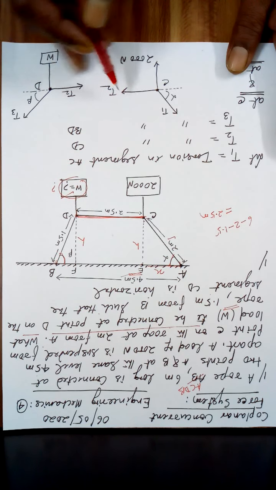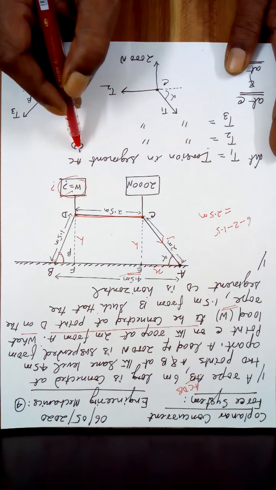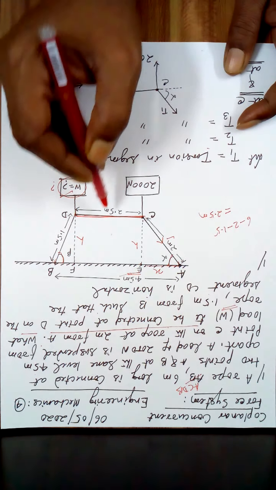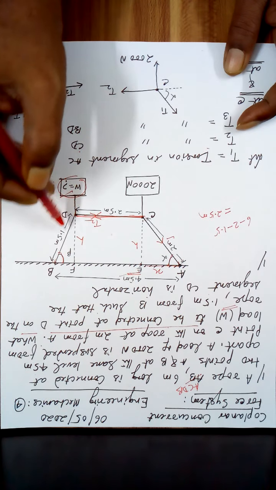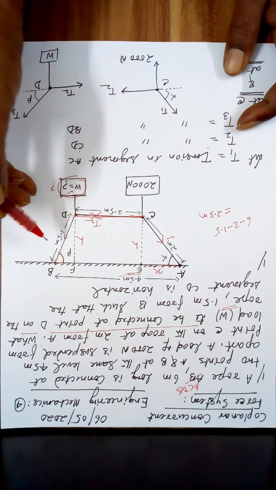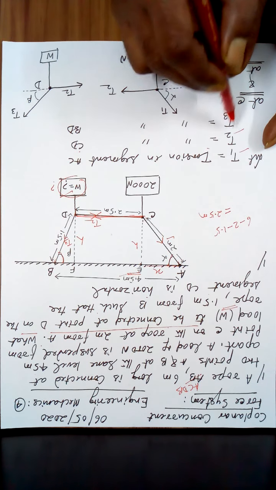Now look, let T1 be the tension in the string in the segment AC, T2 in this segment, and in this segment T3. T1, T2, T3.